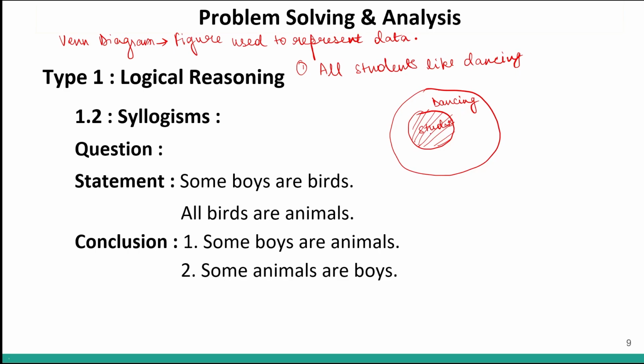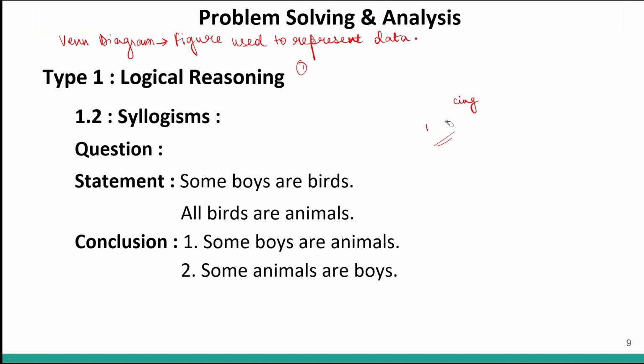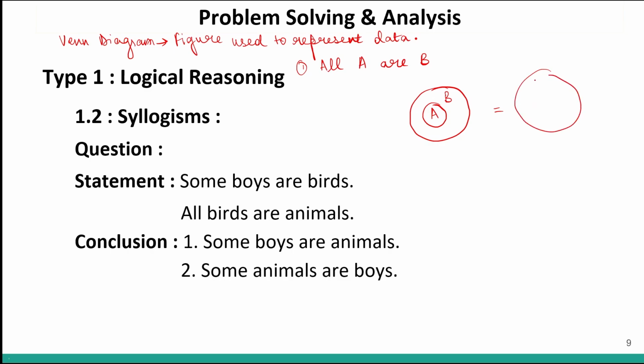Clear? Let us understand this with a better example using A and B. All A are B. So if this is my A, this will be my B. Either this, or we can write it like this, that A equals B. If all A are B, this can also be a representation, but this is a more true representation.